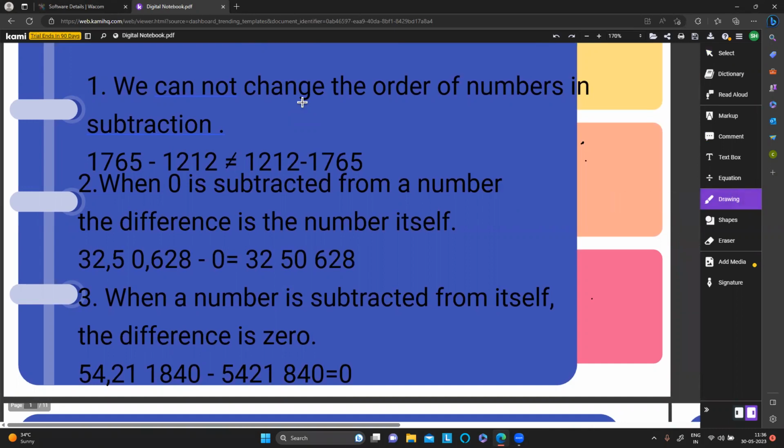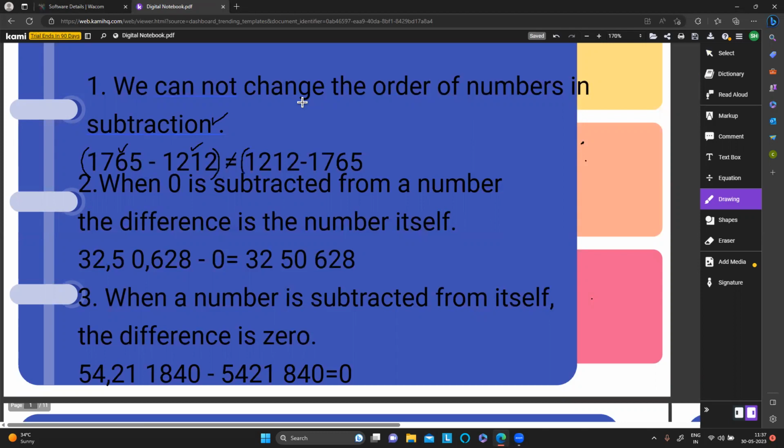But as far as subtraction is concerned, here the order of the numbers cannot be changed.